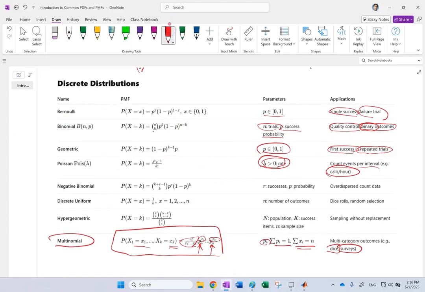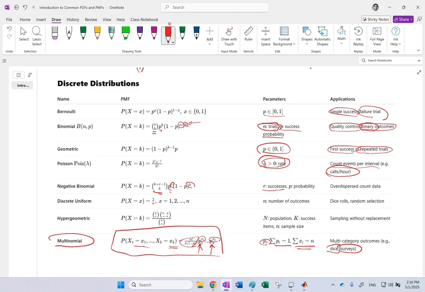They both have this combination term, and they both have a success rate P. Now, as opposed to the binomial that had K and N, this one has R and K, where R is the number of successes that is fixed, and K is the count that you want to know. Count of what? We'll see. In the binomial, N, the number of total trials, is fixed, and again, K is the number of successes.